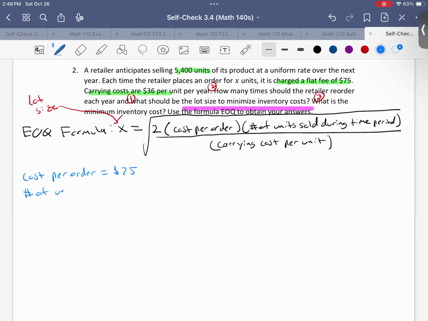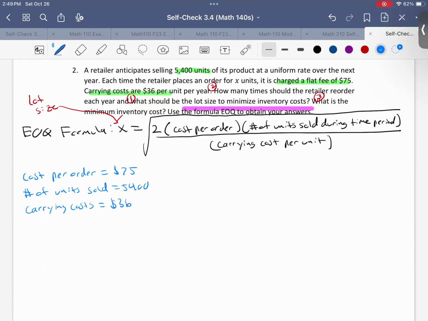And carrying cost is going to be stated, $36.